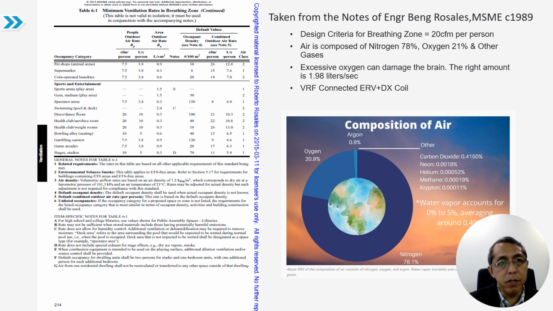You can use this criteria so you'll be able to design properly for the fresh air requirement of your space, and then you can use the available GRI fresh air processing unit.